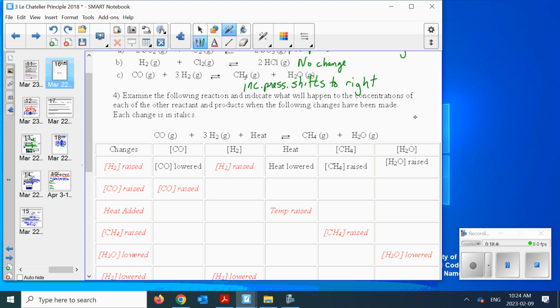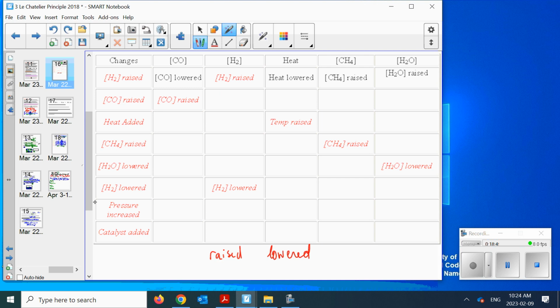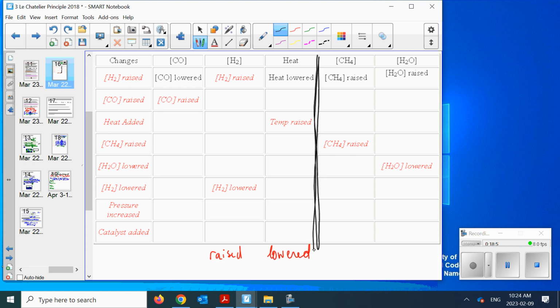On my chart, and I advise you to do this, between heat and CH4, I'm going to just put a solid line here. Here's why. I know that if one side goes down, the other side goes up, right? So this just kind of keeps my brain in shape here. I know one side's going up, the other side is going down.